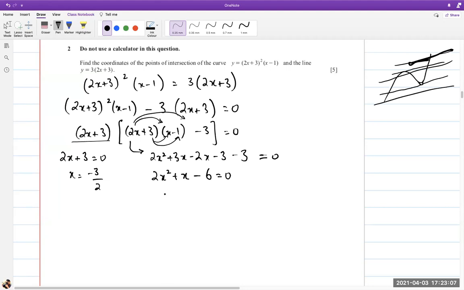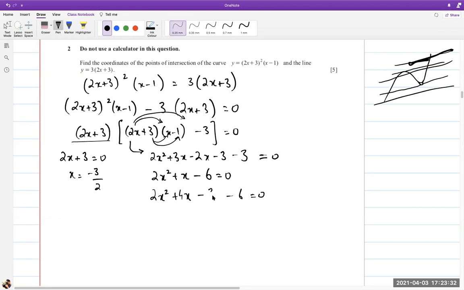If I try to do it with factorization, I'll actually end up with something like this probably. Okay. So it would be 4x minus 3x. Yes, I get it. My bad.